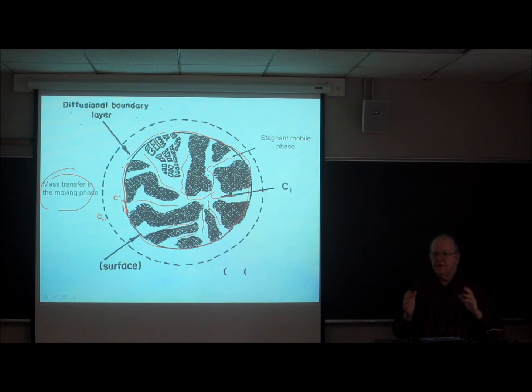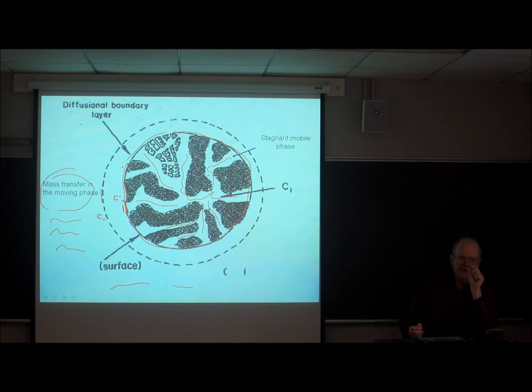And if that fluid is stagnant, then the only way to get through it is by diffusion. So there's convection out here, but once you get within some very thin layer of the surface, you have transport that's limited by diffusion.